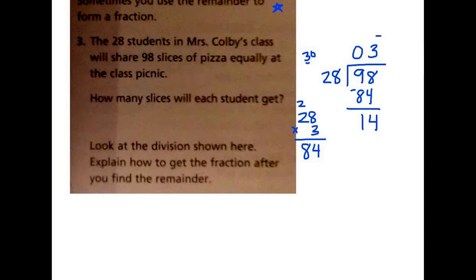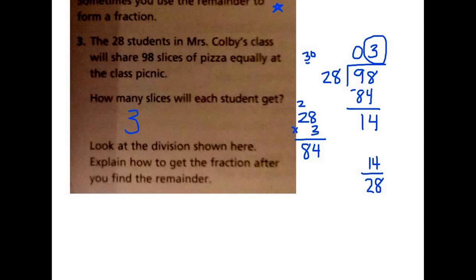So I know that this first part of my quotient, 3, is going to be 3 full slices of pizza. Now, I'm not going to say to a student, all right, you get 3 and remainder 14 slices. Does that make any sense? No. So what I can do is take my remainder, 14, and put it over my divisor to make a fraction, 14/28.